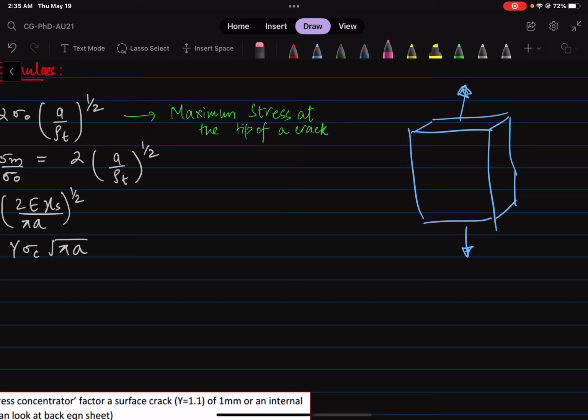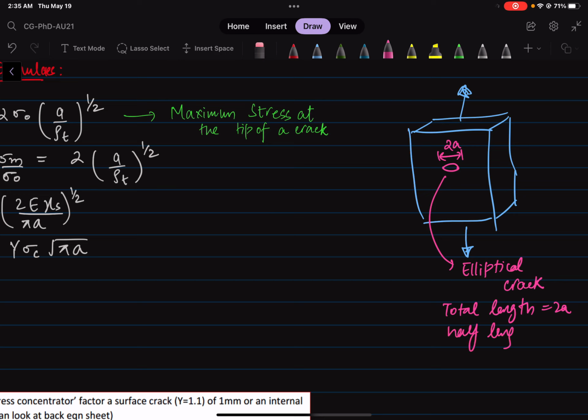Now consider that you have a crack, an elliptical crack, and we will say that the total length is 2a. So here the total length is equal to 2a, therefore the half length would be a.